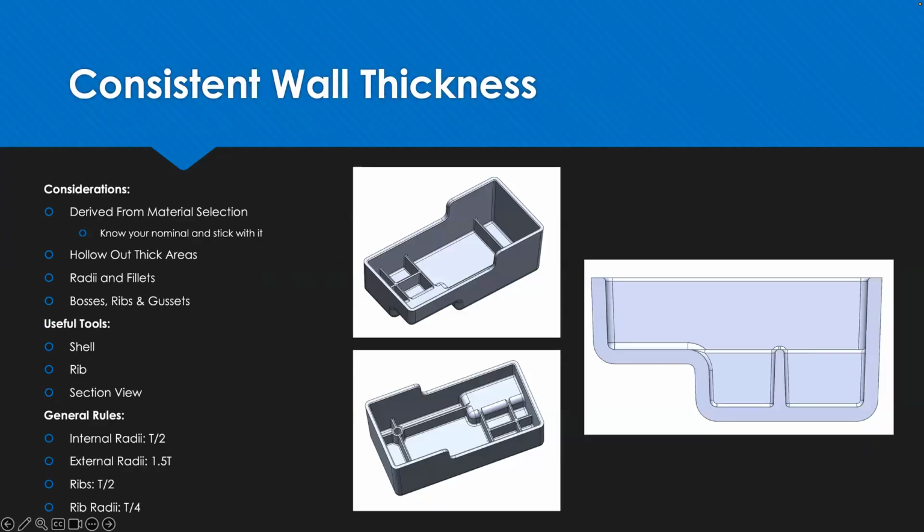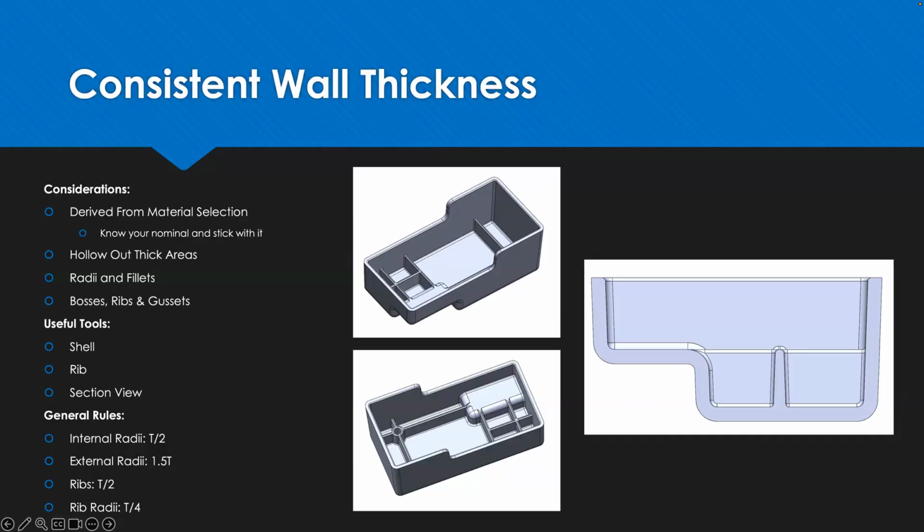So as I was saying, one of the most important things with molding is wall thickness, and specifically consistent wall thickness. Typically you're going to select your nominal wall thickness based on your material and your material properties, and also what type of strength you're trying to get from that.